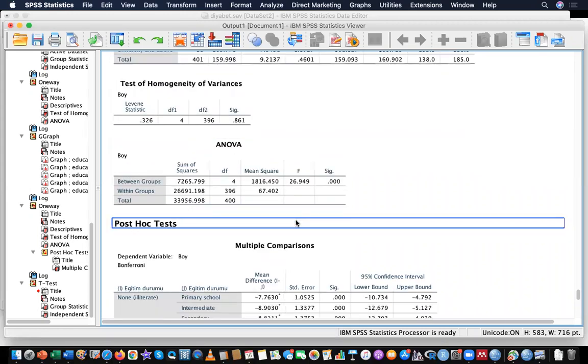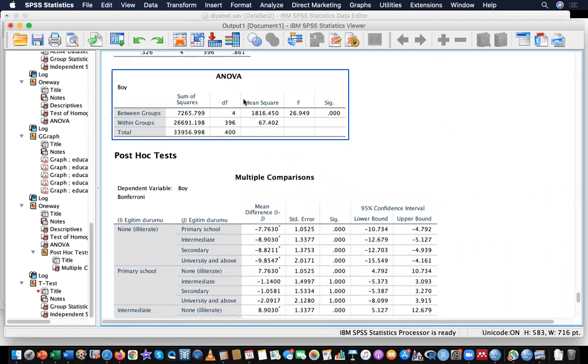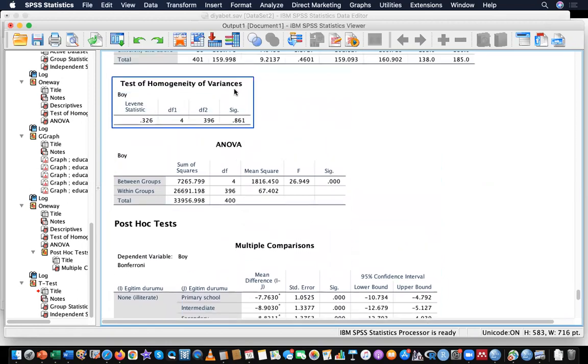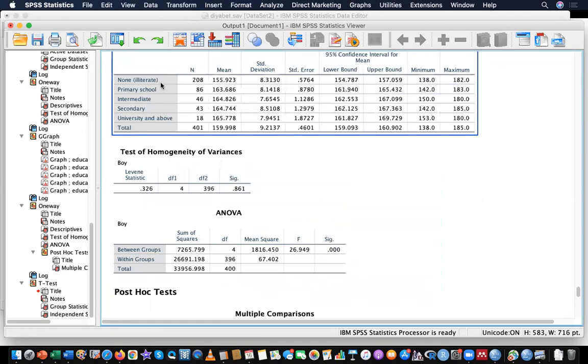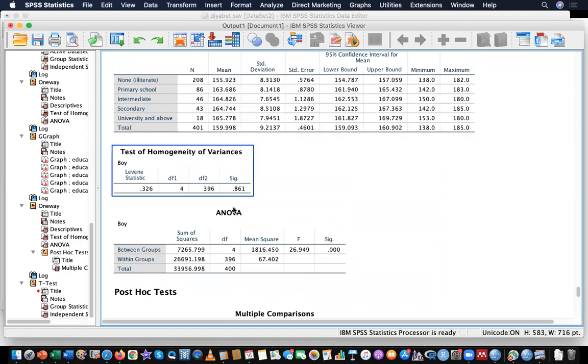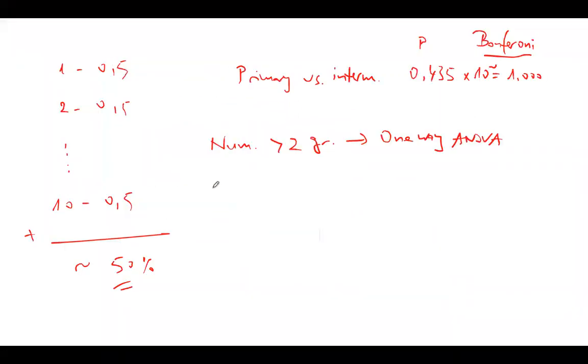So the solution for this is to do individual t-tests. But if you want to compare all these differences between the groups, you have to conduct 10 different t-tests, and multiple comparisons has the disadvantage of increased alpha error.